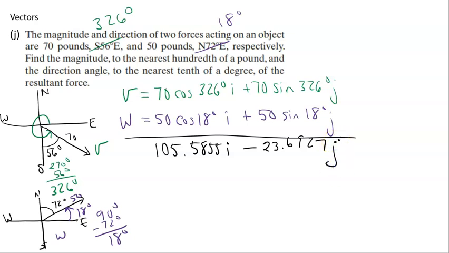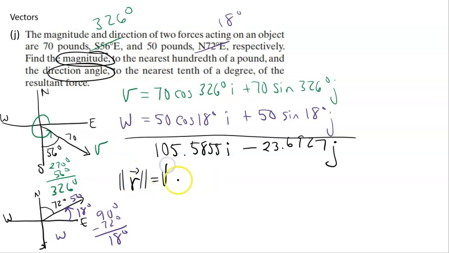That's my resultant vector, provided I typed in everything correctly and analyzed these angles correctly. But they want us to find the magnitude to the nearest hundredth and then the direction angle. And now we are where we were in the last problem. So to find the magnitude of my resultant vector, let's just call that guy R for resultant vector.